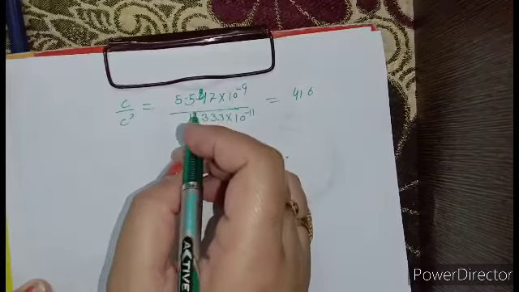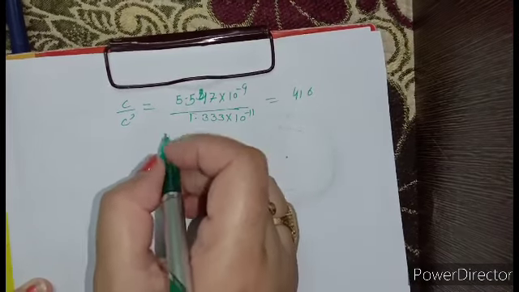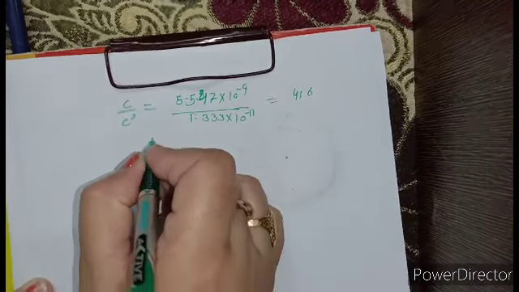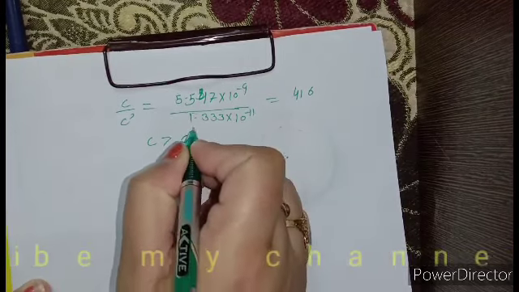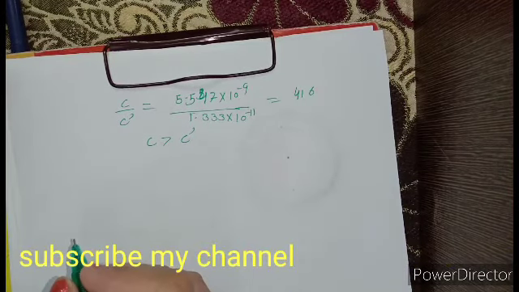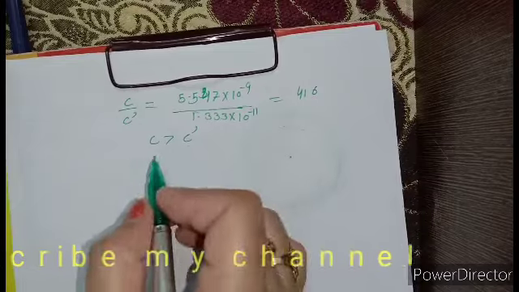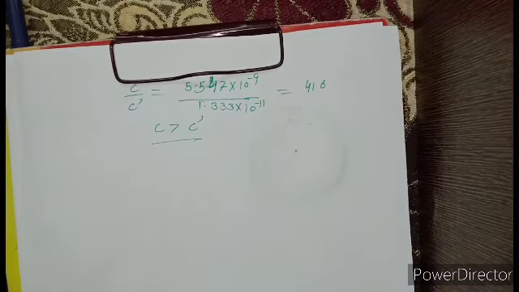Okay, so we can say that also C is greater than C dash. Okay, so this is the question number 30.